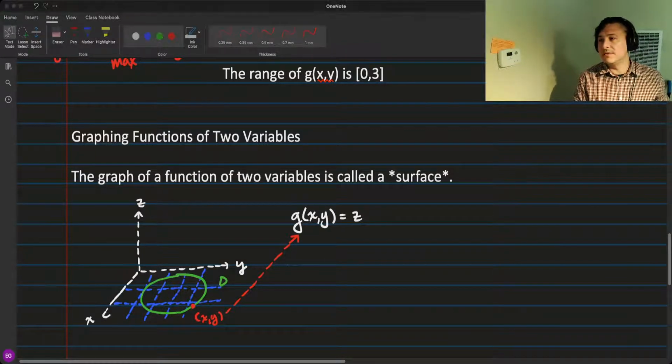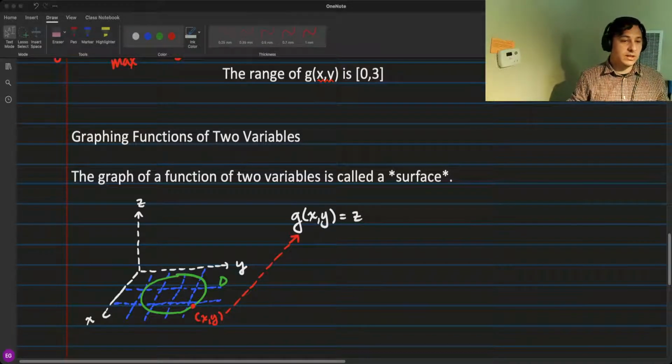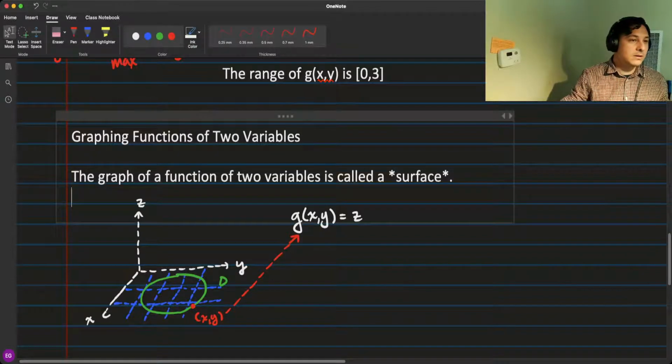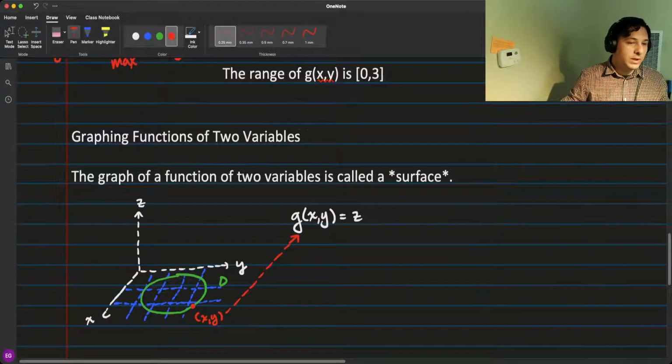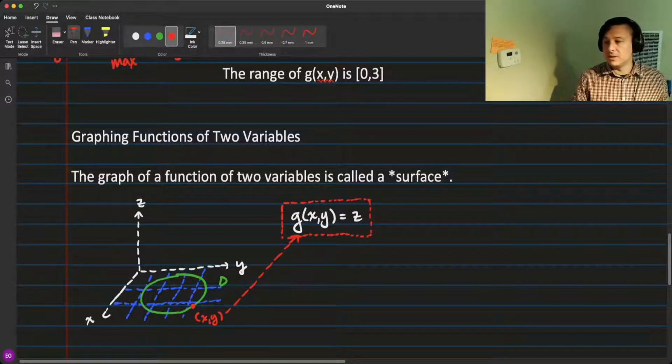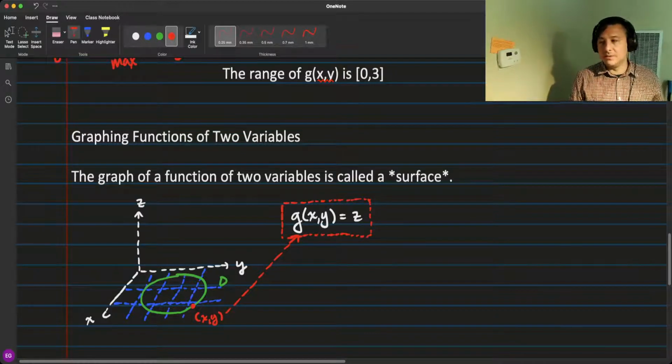What does it end up giving you? If you look at the definition of the function right here, you plug a point into the function, what does it literally spit out? You don't know what this function does, but if you plug x and y into g, what does it spit out?